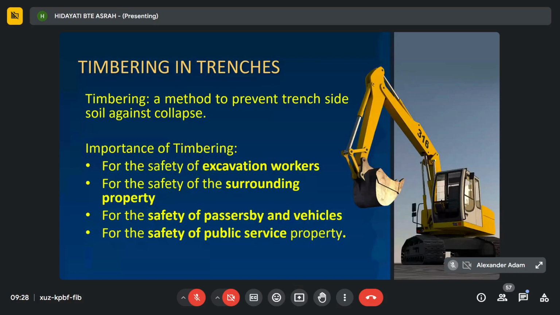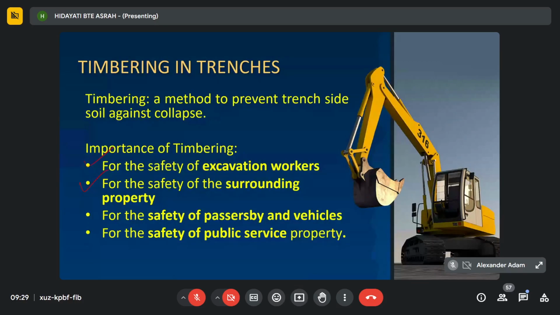Why is timbering important? You can see the importance is for the safety of the workers, because you want to prevent the side of the trench from collapsing. Next, safety of the surrounding property. If the nearest area has a building, you want to prevent other problems from occurring when you do the trench excavation.